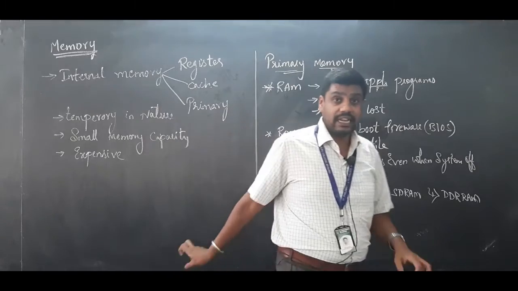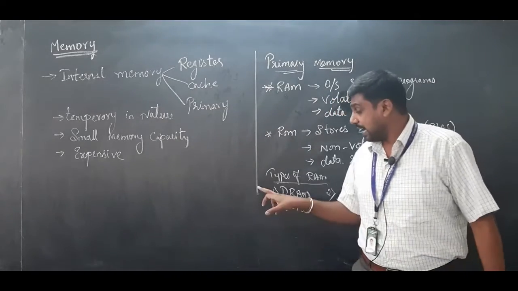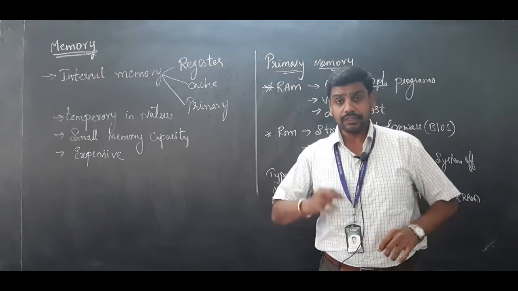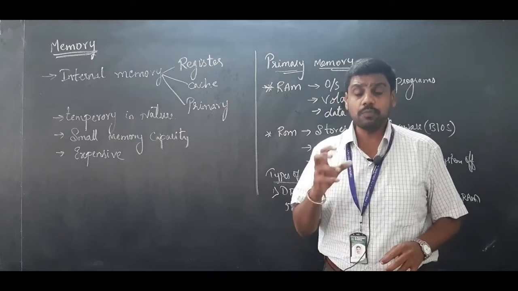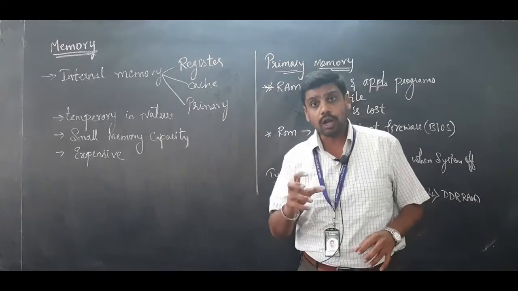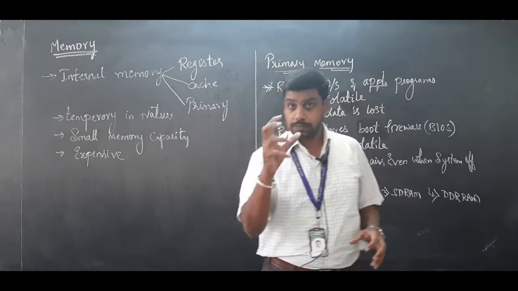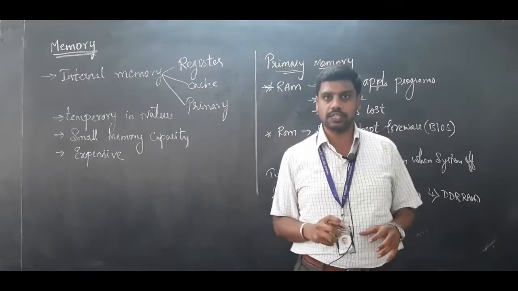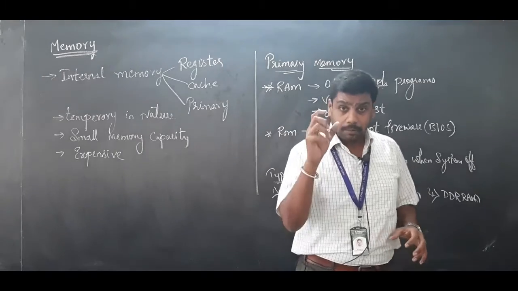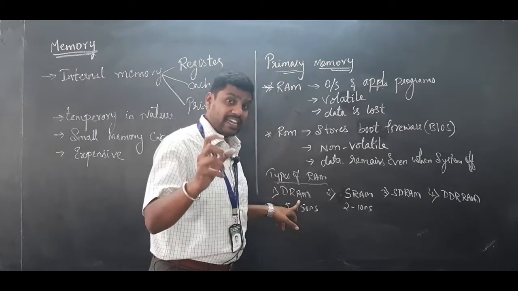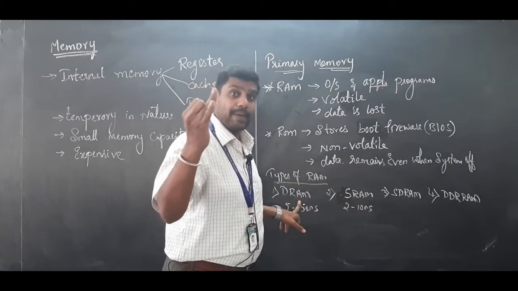What is this DRAM? DRAM stands for dynamic RAM. This dynamic RAM is a smaller, oldest model of memory chip which we use, which is smaller in size and expensive. In this memory chip, we use transistors and capacitors.